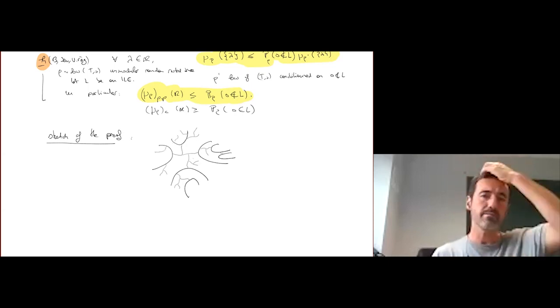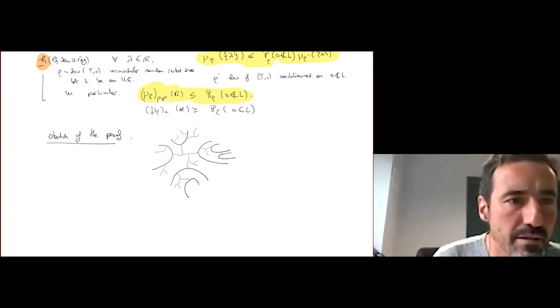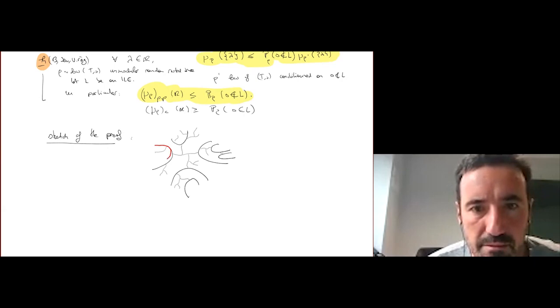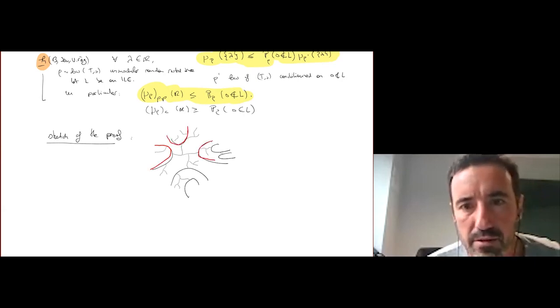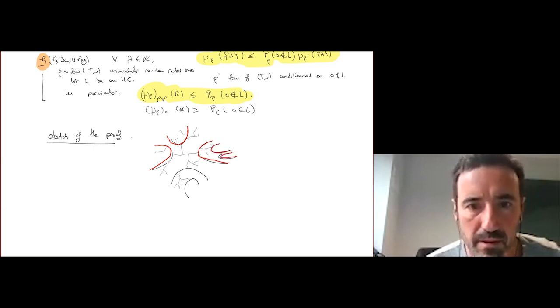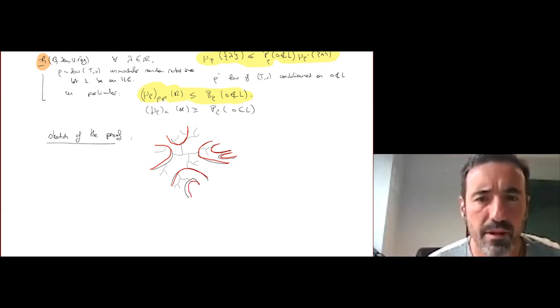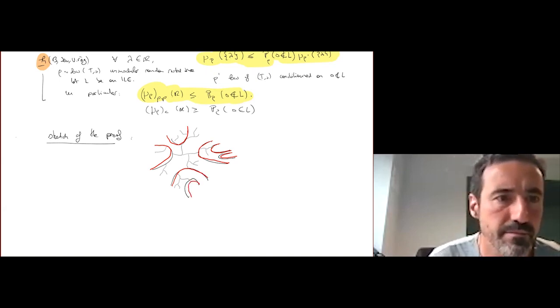So you have the line ensemble and you have the tree, and somewhere you have the root, let's say here.